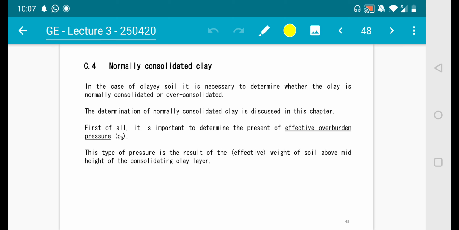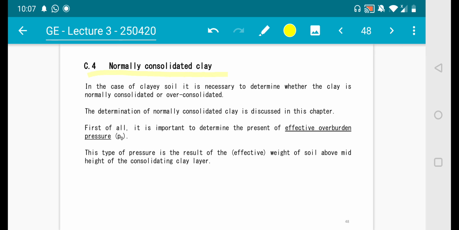Now let's move on to C4, normally consolidated clay. As we've been presented earlier, we have 2 types of clay: normally consolidated, and the second one is overconsolidated clay. In this subtopic, we're going to classify whether this clay is normally consolidated or overconsolidated.